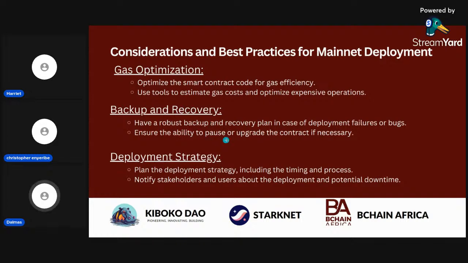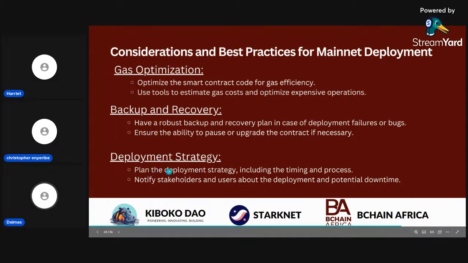Ensure the ability to pause or upgrade the contract if necessary. So most contracts have a pause and upgradability functionality, but when you are doing an ERC20, you don't want to do an ERC20 that can be upgraded. You can do that one, not that you can't, but it's not advisable.